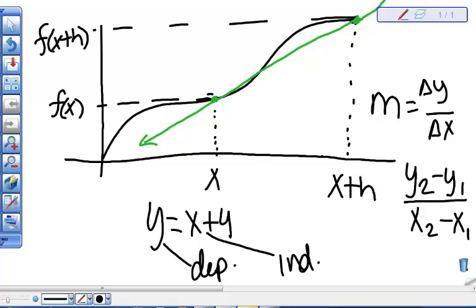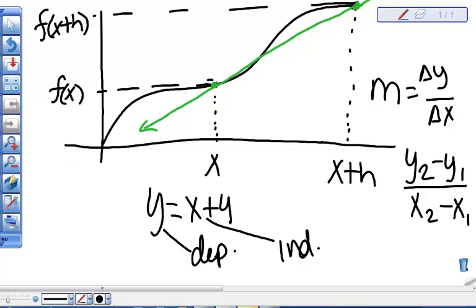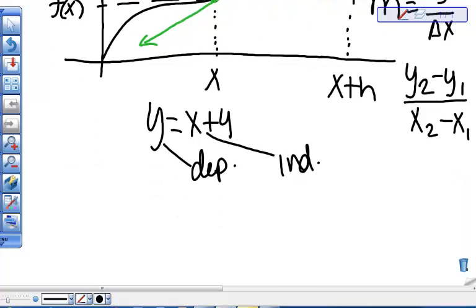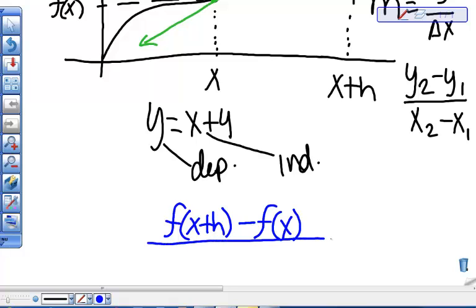So, using the function that we just saw earlier, I'm going to do the function of f of x plus h minus the function of x divided by x plus h minus x.